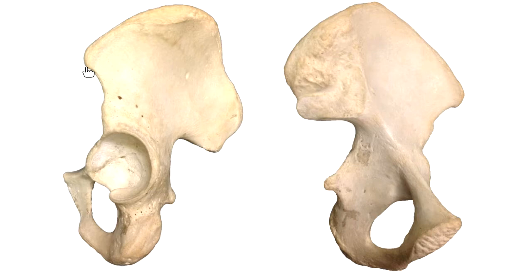This point is called the anterior superior iliac spine. And then back here, kind of this curve, and it's the same part right here. This is the posterior superior iliac spine. Okay, so the anterior superior iliac spine, there's another view of it on the other side.